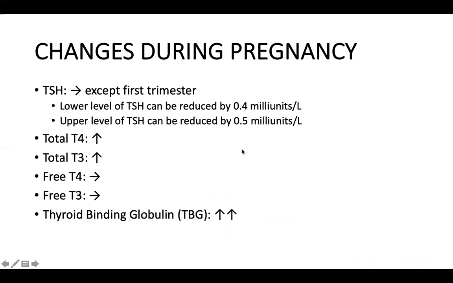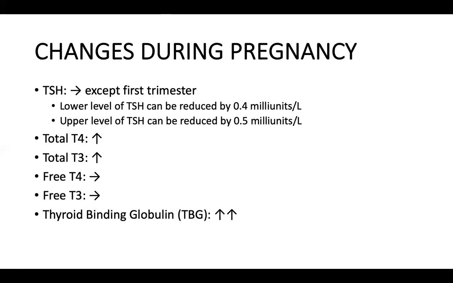So what are the changes in pregnancy? TSH essentially stays the same throughout pregnancy with one exception, and that is in the first trimester. Ideally, we would like to know what the TSH is in our own pregnant population.